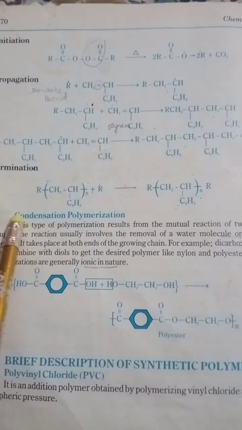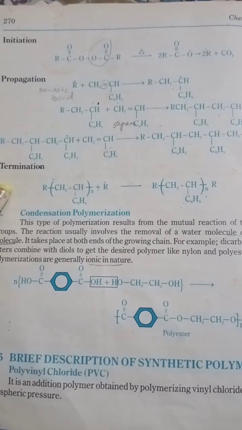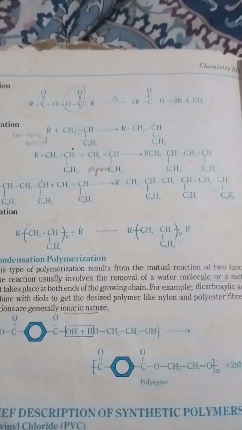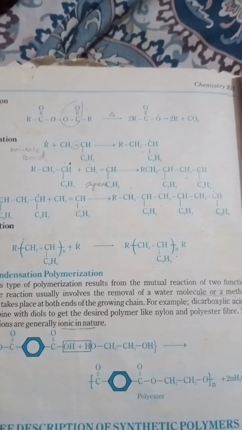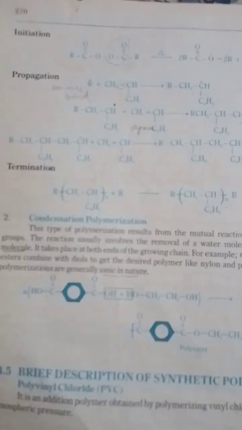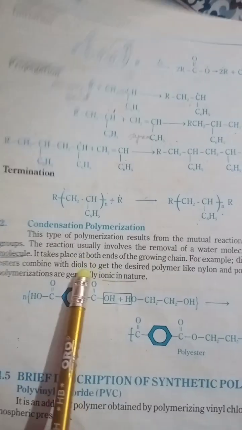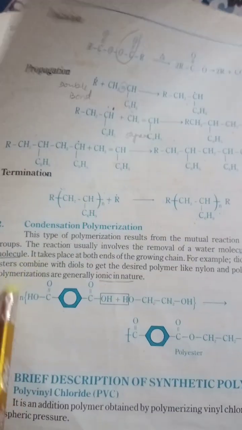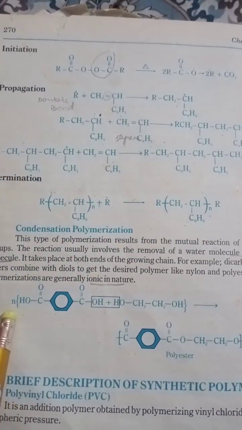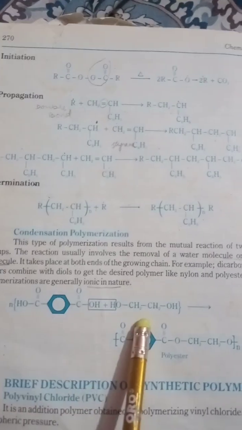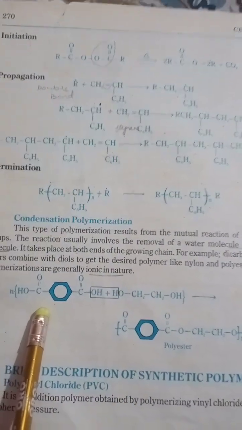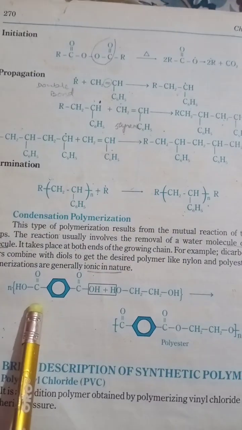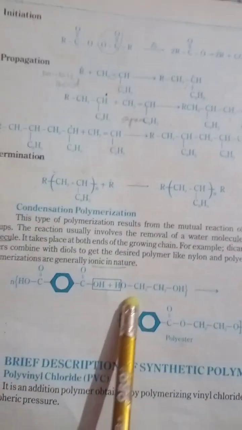Then the condensation polymerization. In this process, a mutual reaction of two functional groups occurs at both ends of the growing chain. For example, in this reaction, the dicarboxylic acid reacts with the alcohol, which is also a diol.